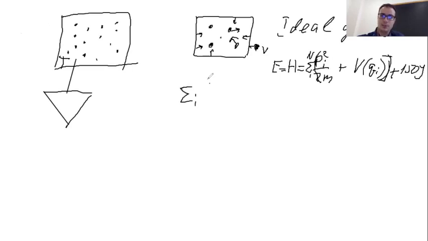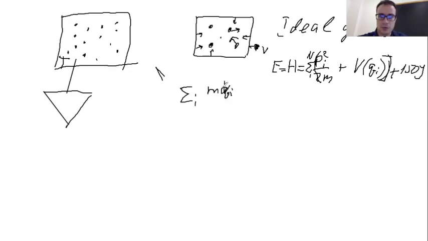Let's expand. In this simple case, what is the momentum of a particle? It's mass times velocity, m v, let me call it q dot.